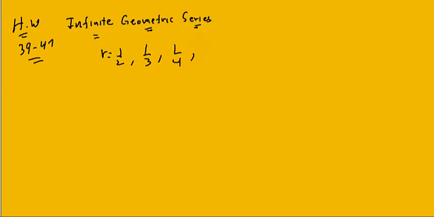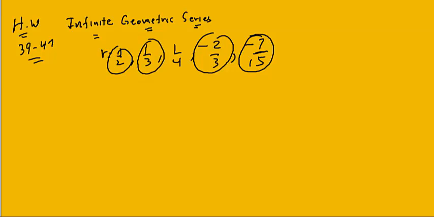It could be negative 2/3, or negative 7/15. The absolute value of each of these ratios has to be less than 1. If it was like 7/5, that's bigger than 1, and I can't add up an infinite number of terms.